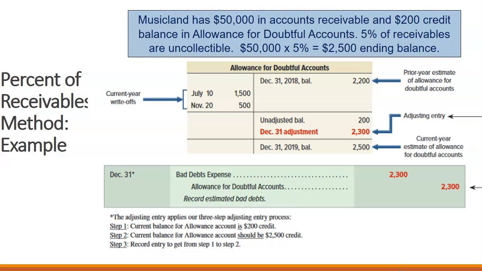So we have $50,000 times 5% equals $2,500 ending balance. We want that ending balance in there. So instead of our bad debts expense being $2,500, our bad debt expense is whatever it takes to get the balance of the allowance for doubtful accounts to $2,500.